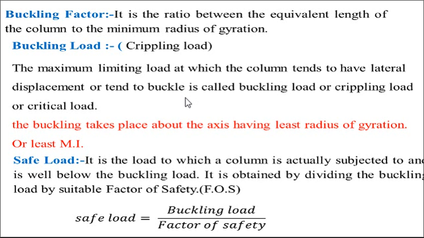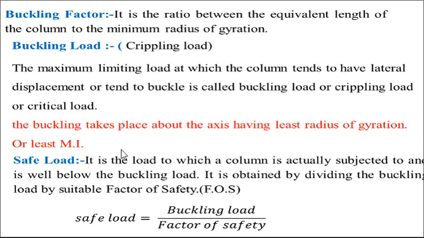So that is called a buckling load, or sometimes also called crippling load or critical load. So there are various names for the buckling load. The buckling takes place about the axis having the least radius of gyration.